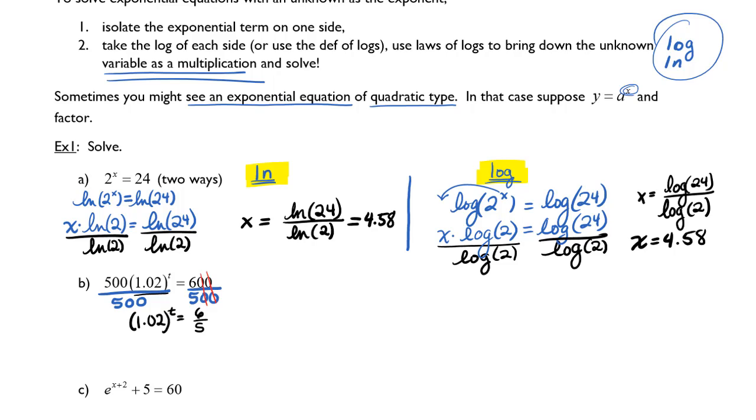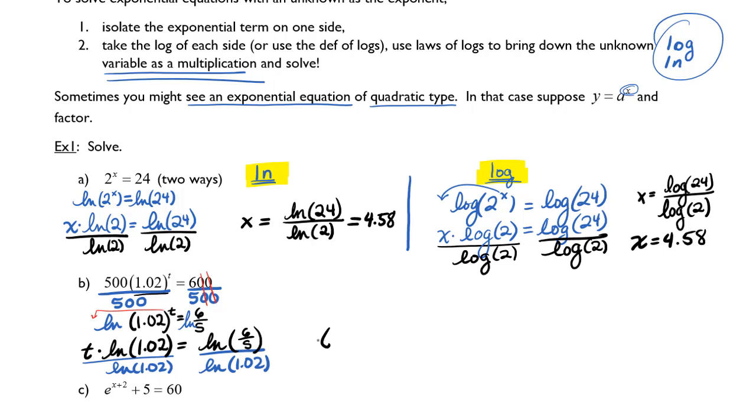Now I can impose a logarithm on both sides. I'm going to use a natural log. When I do that, I get the t to come down front, and I get t times the natural log of 1.02 equals the natural log of 6/5. Now I just divide both sides by the natural log of 1.02 to isolate t.